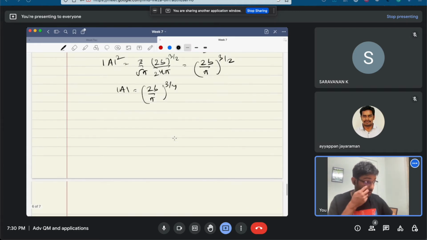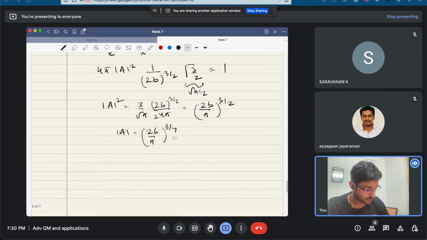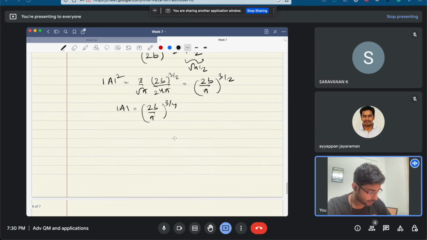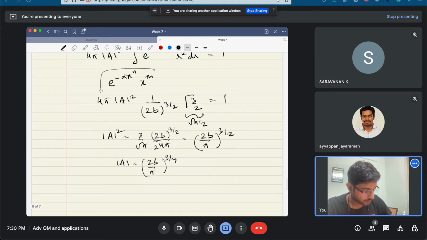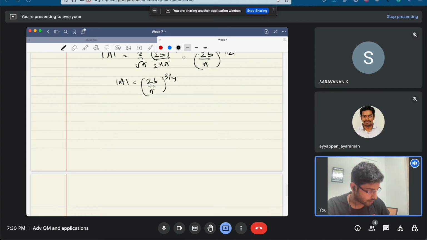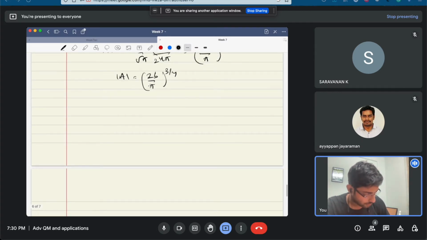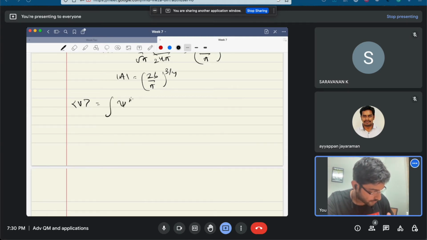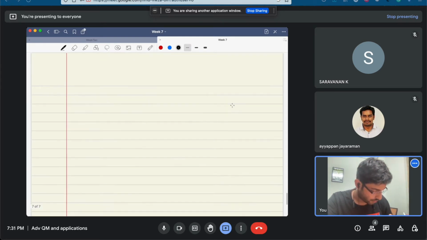Now finding out the kinetic term and the potential term becomes easy because of the integration that we already bookmarked. So we are going to use that very much here. Okay, so for V we have the integral of psi star of r V of r psi of r d cube r.